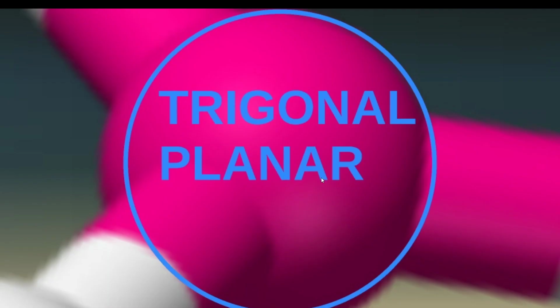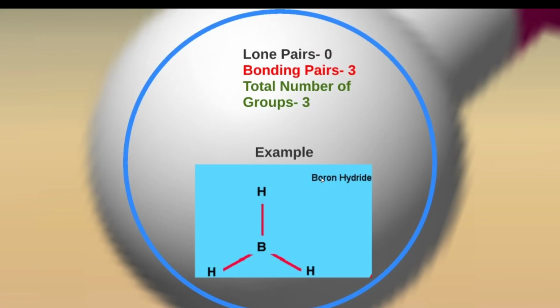Alright, the next one is going to be trigonal planar. Trigonal planar is when you have a total of 3 bonding pairs and a total of 3 electron groups. So right here, boron trihydride has 3 bonding pairs and 3 electron groups.